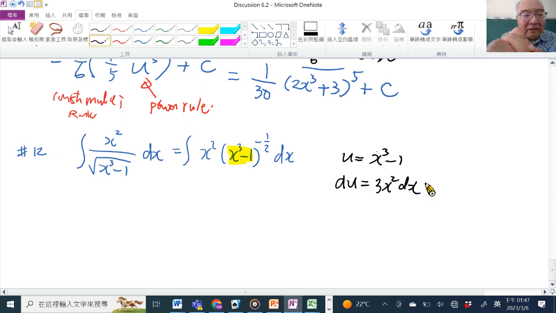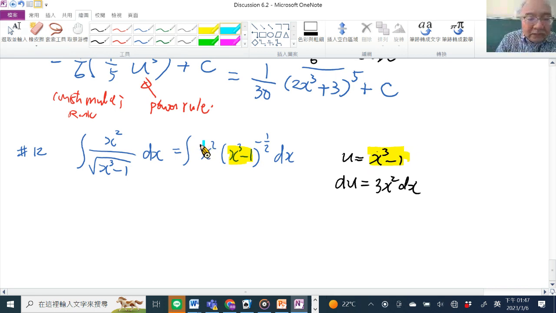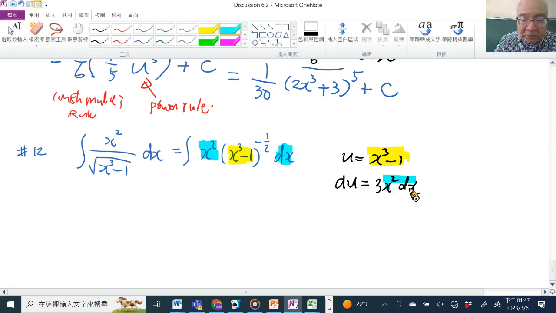We also observe that if we set x to the power 3 minus 1 as g of x, our x squared dx only covers part of the du, and we have an extra 3. That means you bring the 3 to the other side and it becomes 1/3.